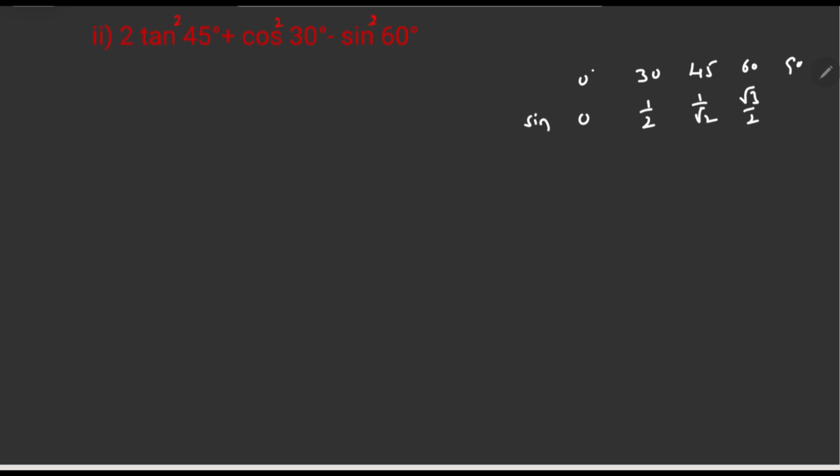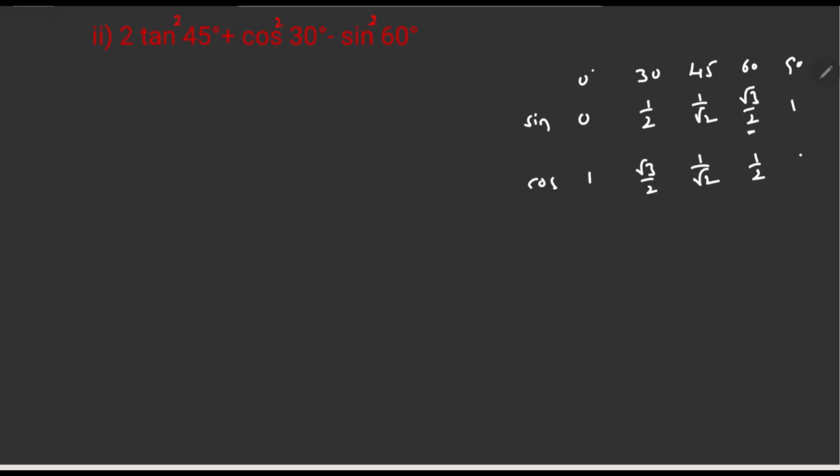Now cos values, so cos 0 will be 1 and cos 30 will be root 3 by 2 and cos 45. Both the sin 45 and cos 45 are same. Now cos 60 will be 1 by 2, cos 90 will be 0.